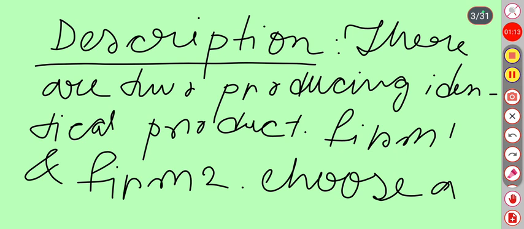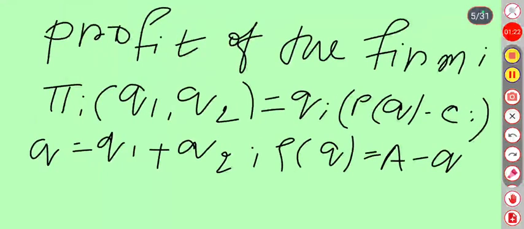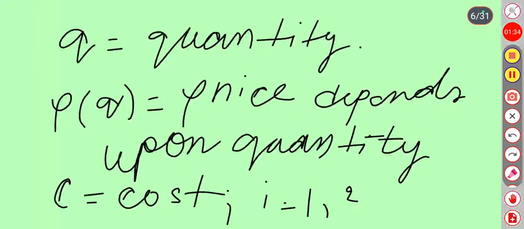The total quantity is Q equals Q1 plus Q2, firm 1's quantity and firm 2's quantity. The price depends on the quantity, P equals A minus Q, and the cost Ci is the marginal cost of production, for both firm 1 and firm 2.